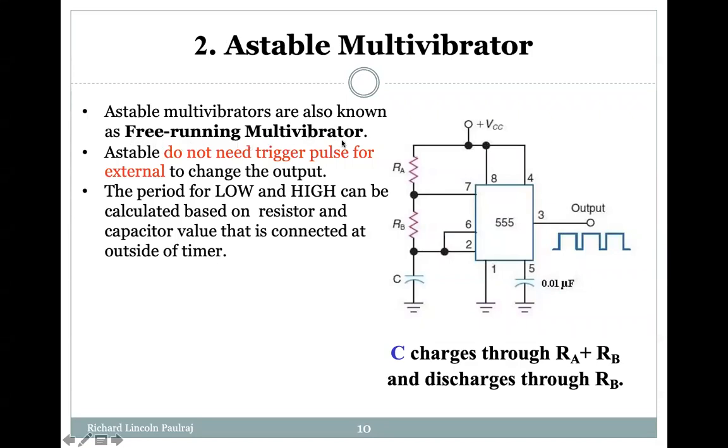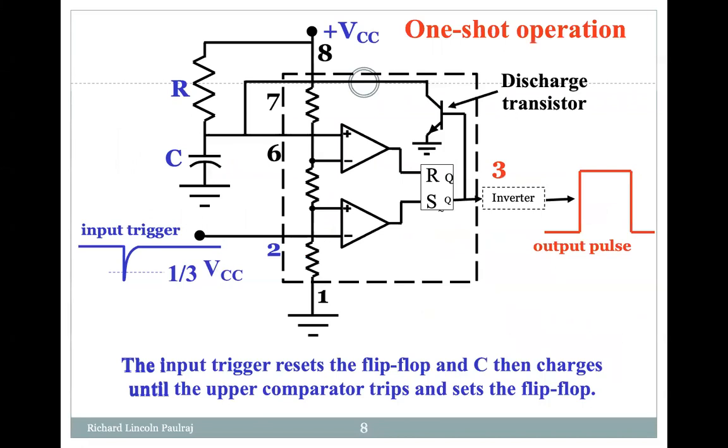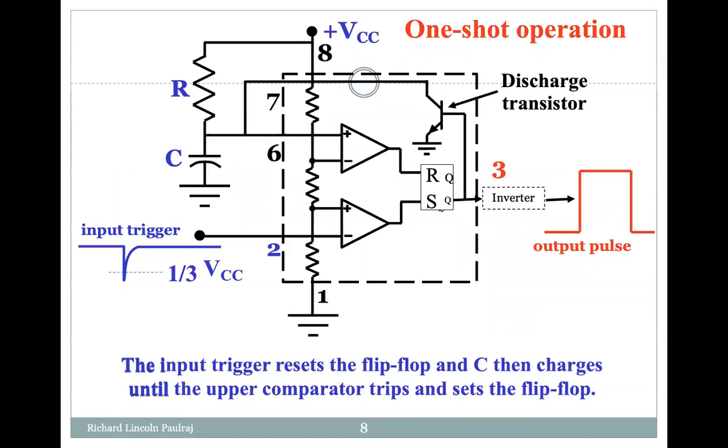Astable multivibrators are also called free running multivibrators, and monostable is also called a one-shot multivibrator, because it heavily depends on the triggering input.